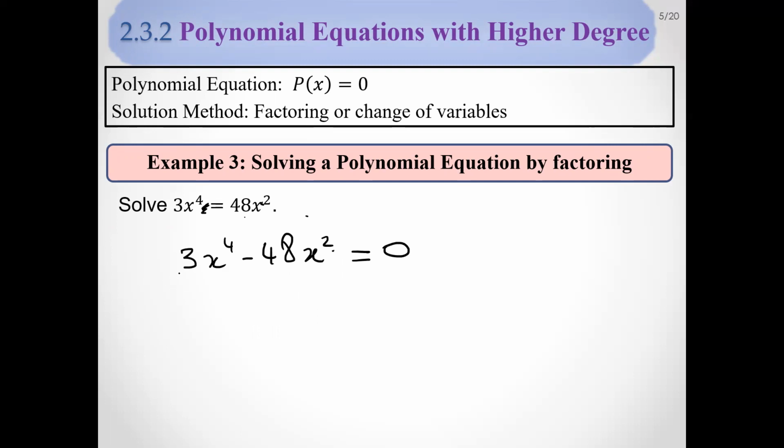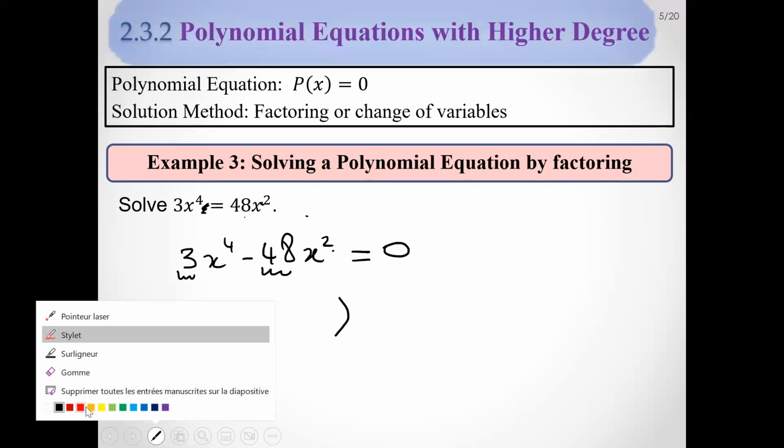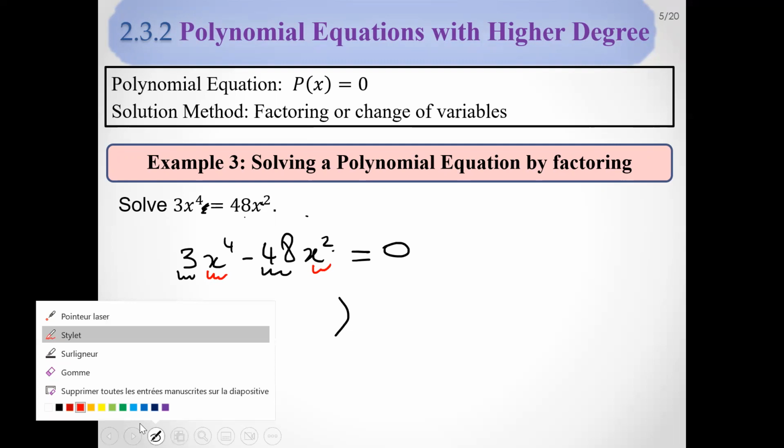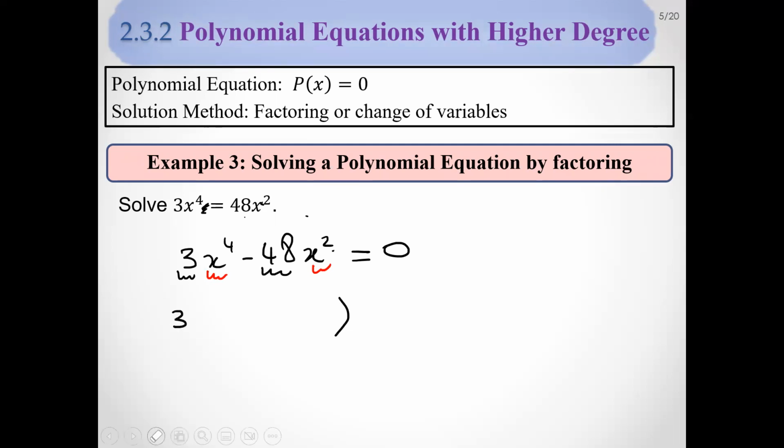First factor the coefficients, 3 and 48, so 3 is a common factor. And factor the powers of x, x to the 4 and x squared. So x squared is a common factor. We get 3 x squared times, x to the 4 over x squared gives x squared, minus 48 over 3 gives 16. So 3 x squared times (x squared minus 16).